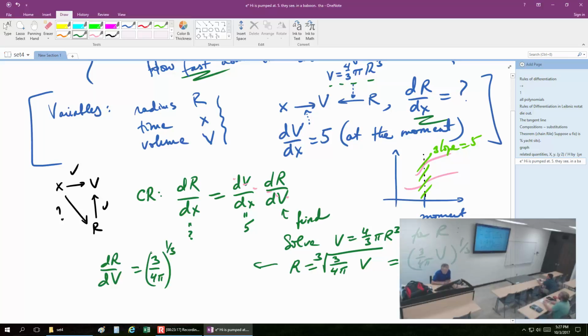Would it be 1/3 v to the negative 2/3? Negative 2/3, right? Negative 2/3. Okay, so that gives us what we care about. It gives us the dr/dv. So to be substituted into our expression, hold on, do I have a missing part here?